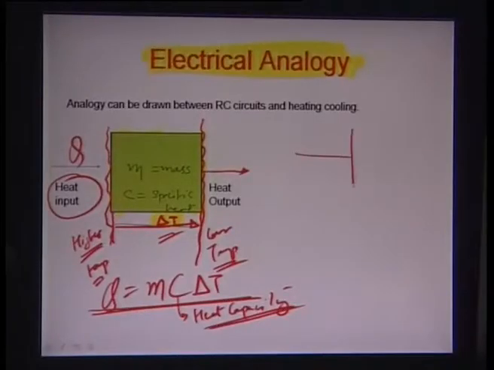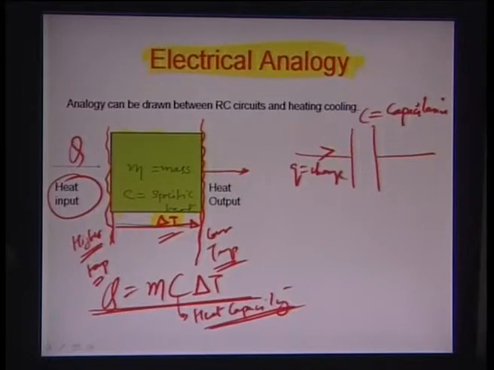So let us draw a capacitor. So this is a capacitor. Let's say you have a capacitance value equal to C, and you have a charge small q which is flowing through this capacitor, and essentially there is a potential difference of V here. So what causes the charge to flow is the potential difference here.